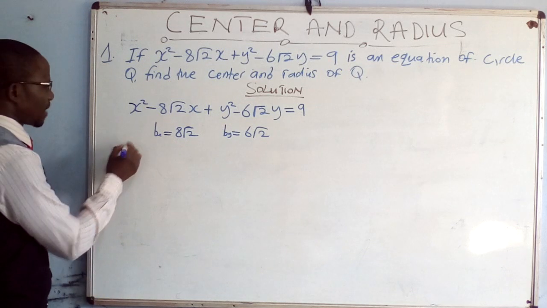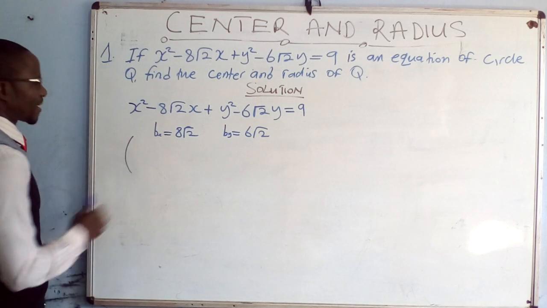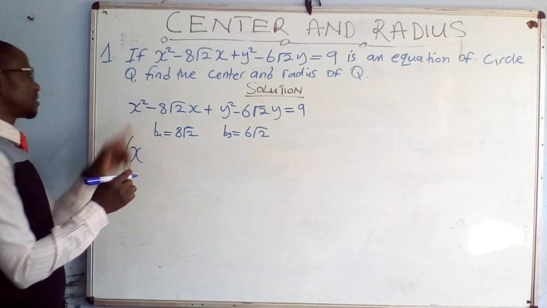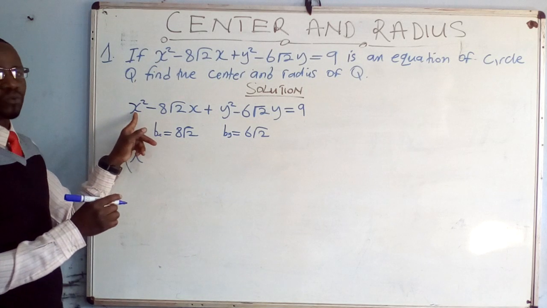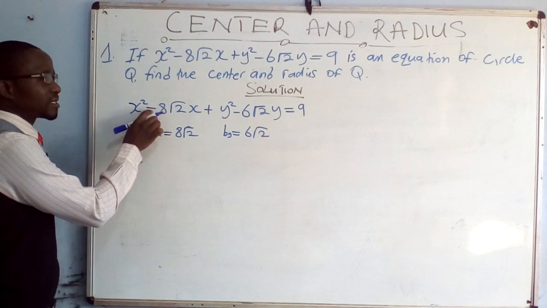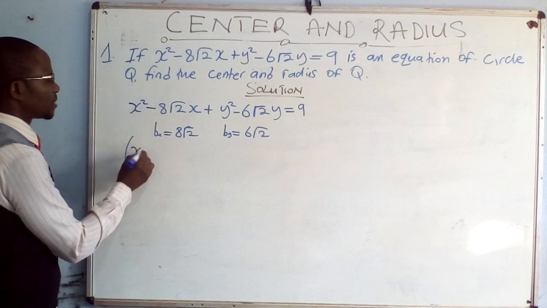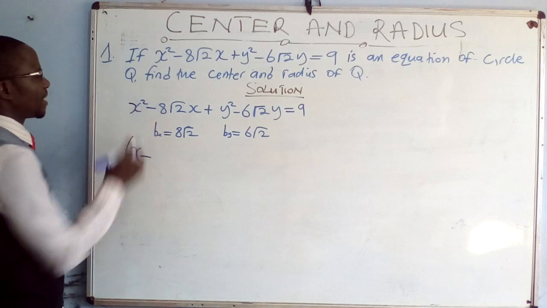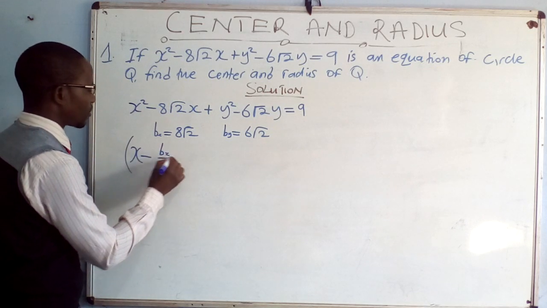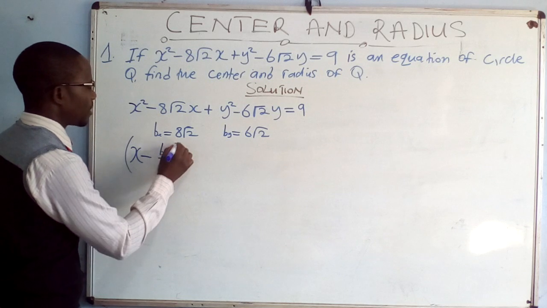So the next step now, open brackets, write x. This x is coming from this x to the power 2. Then get the sign which is after x squared. So we have negative there, minus. Then b in terms of x over 2 to the power 2.